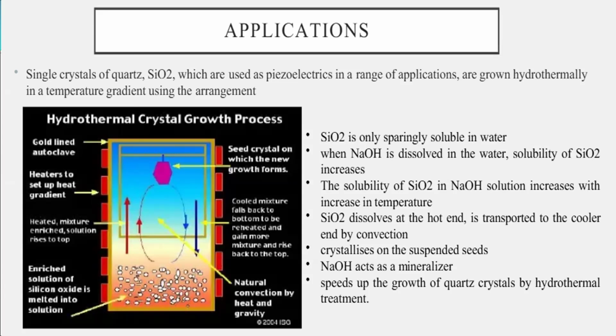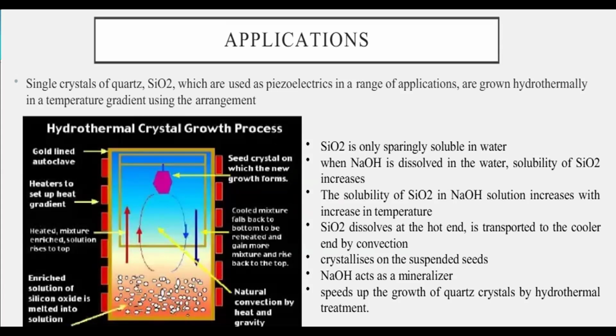So the seed crystal will be coated with the melted silicon dioxide, and on the seed crystal the coating of SiO2 will be formed. So that will be taken out. So SiO2 will be formed on the seed crystal.